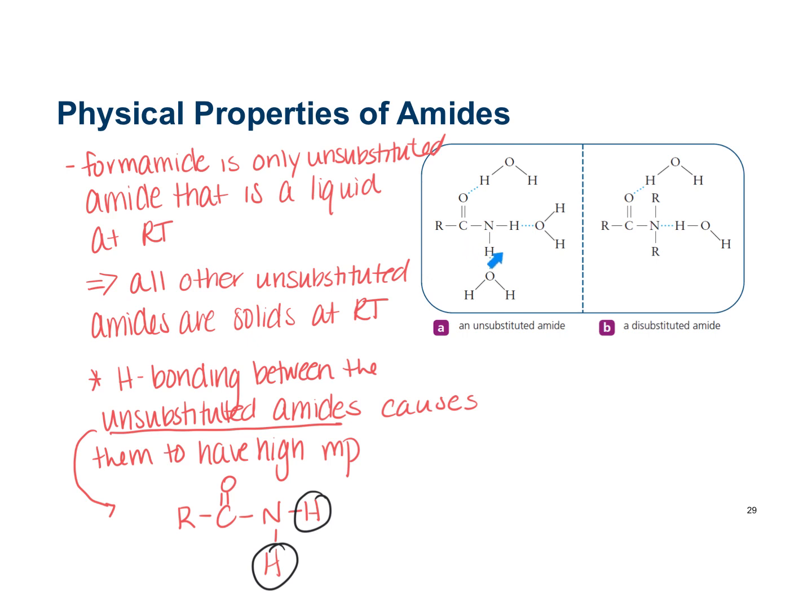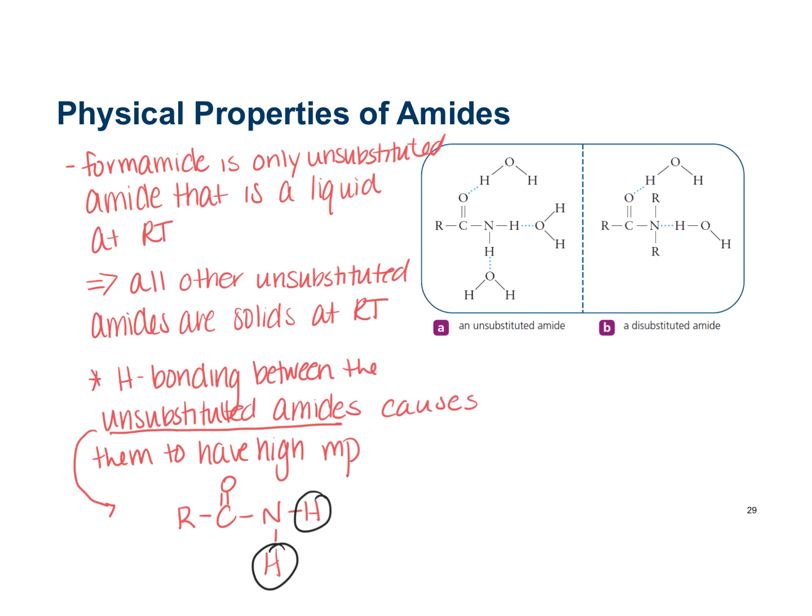So we have unsubstituted amides here, and then we have disubstituted amides here, and you can see in an unsubstituted amide there's a hydrogen here and a hydrogen here, and both of these can hydrogen bond with water, and then this carbonyl can also hydrogen bond with water.